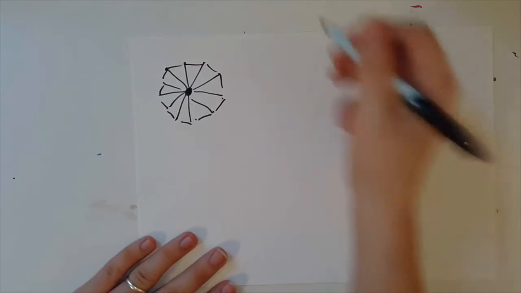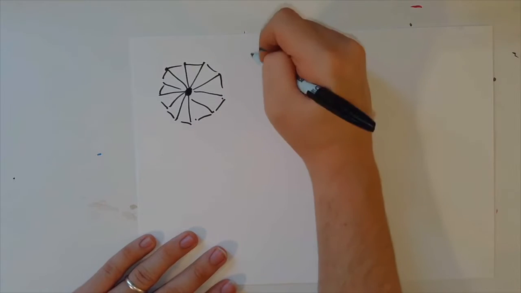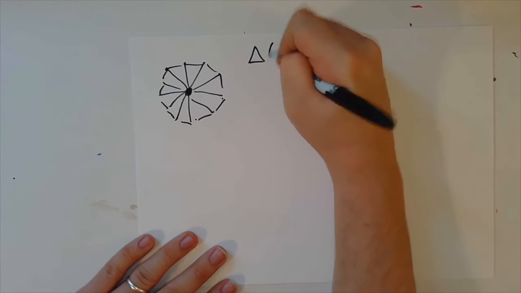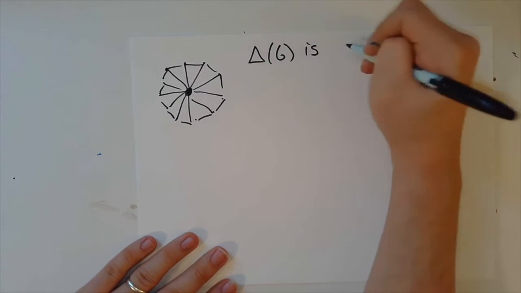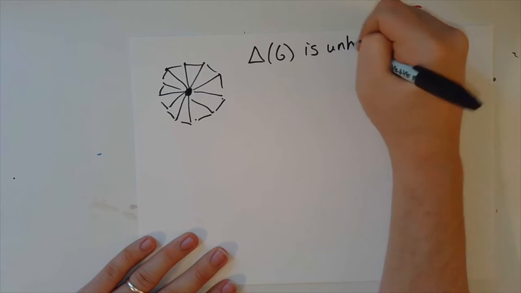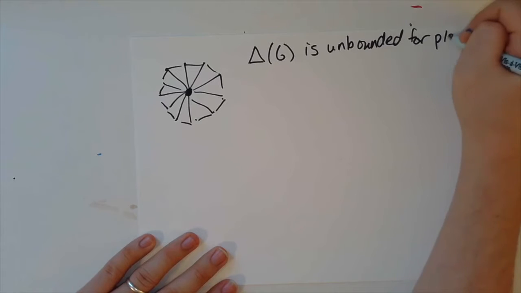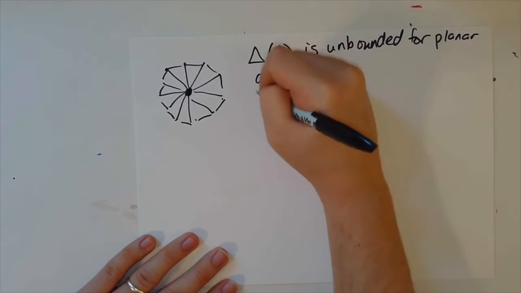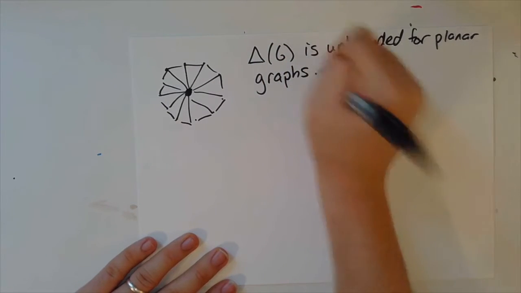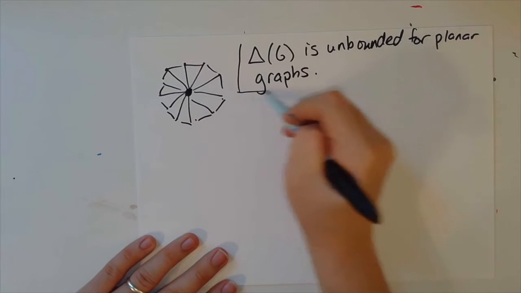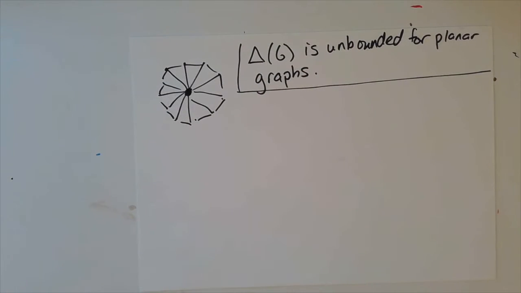So what we've just said here, sort of an observation, is that big delta of g is actually unbounded for planar graphs. So planar graphs can have a single vertex of as high degree as you want.